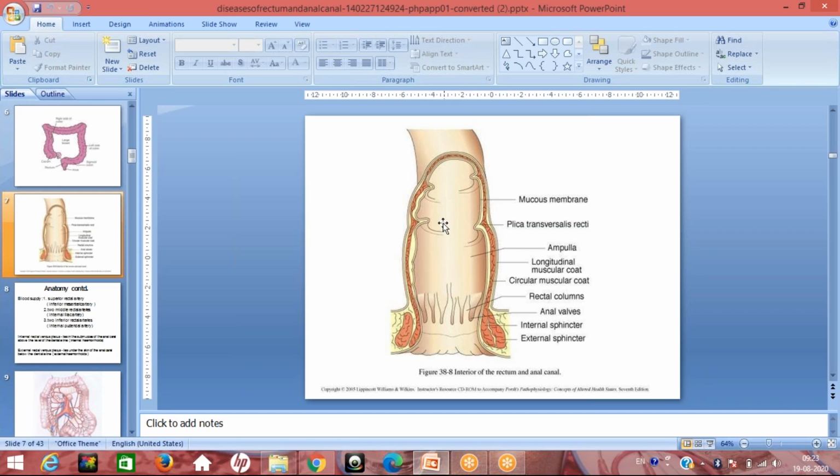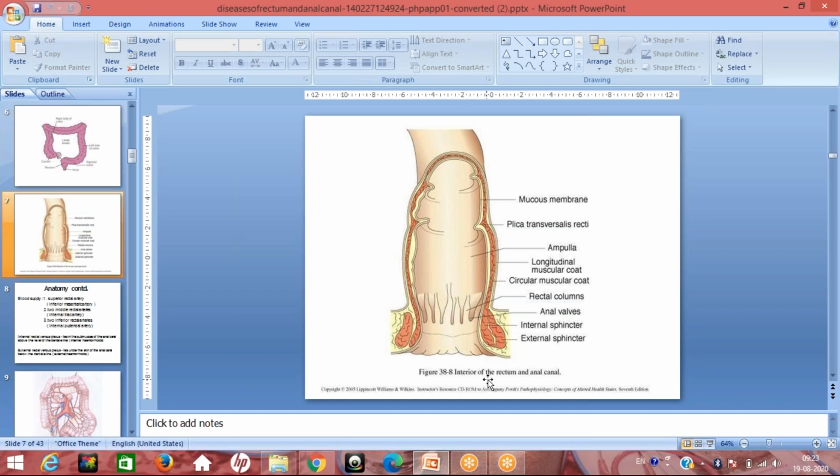The anal canal opens into the anal verge. From the anal verge to roughly 5 centimeters is known as the perianal region. Beyond 5 centimeters laterally is normal skin, and any carcinomas arising in this region are squamous cell carcinoma.